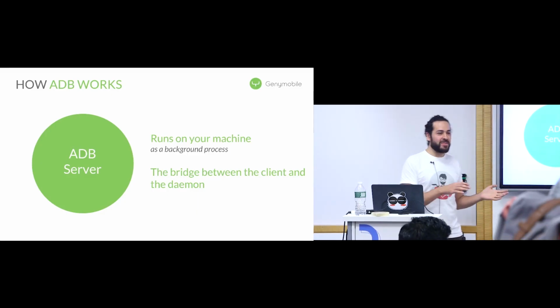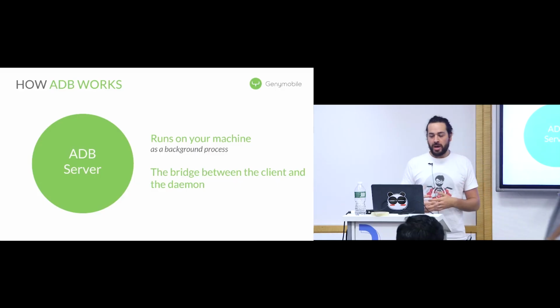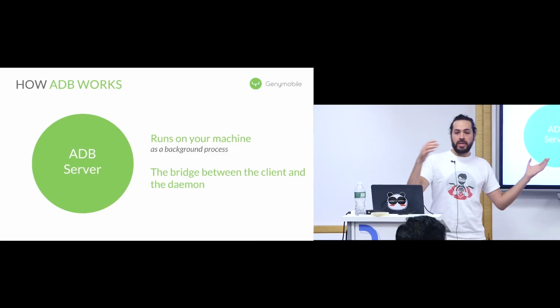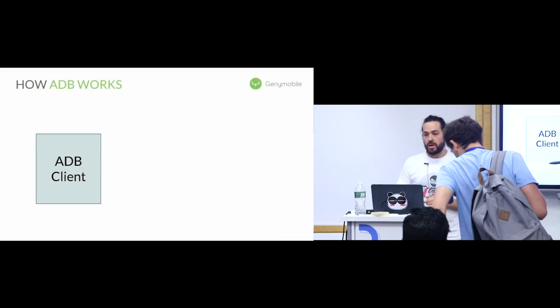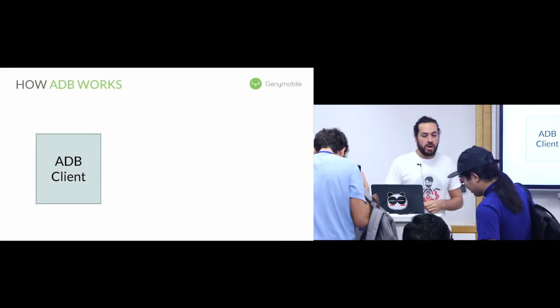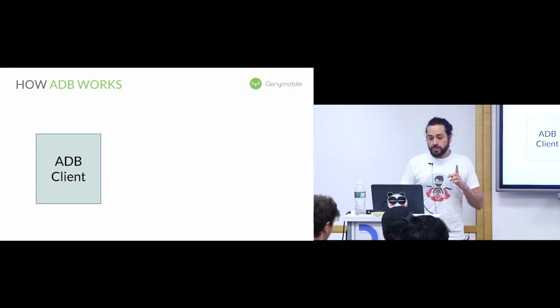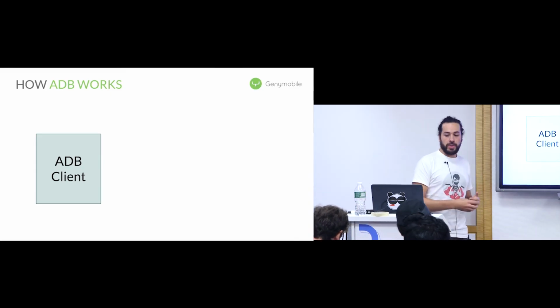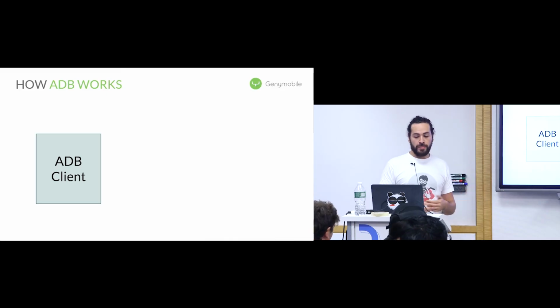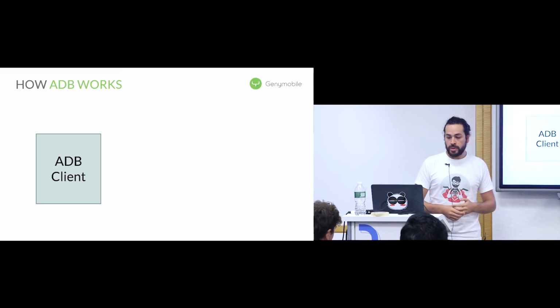So the ADB server is the real bridge of ADB. It actually links the client and the daemon, and we will see how during this presentation. So when you launch an ADB command, the ADB client will be executed.